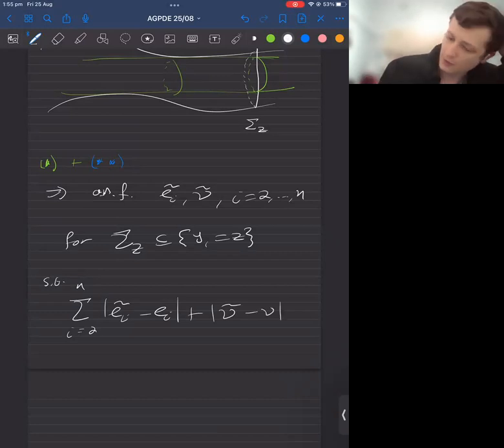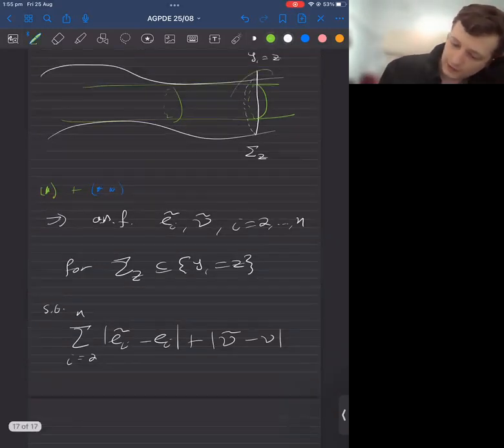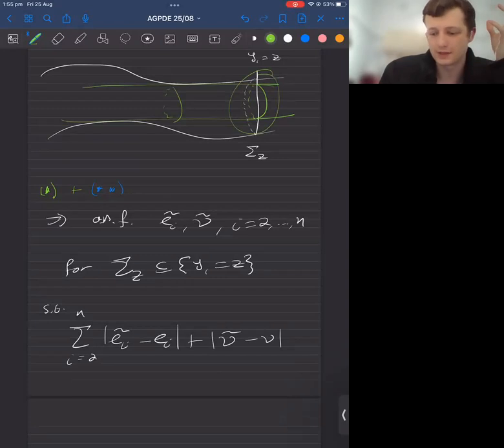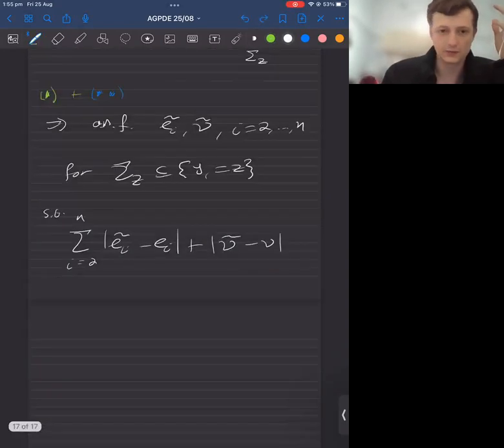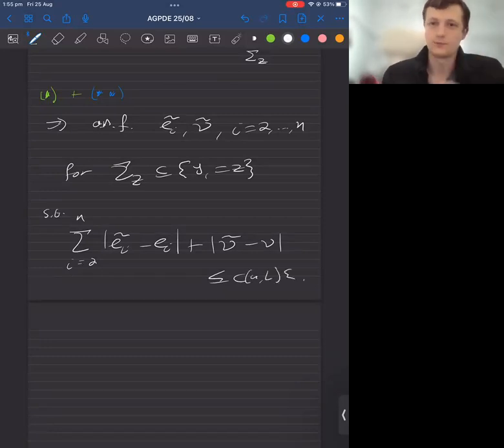So we want to build a frame on here because we want to compare the Weingarten map to the identity. So it's convenient to build a frame to do that. But in any case, it's going to be close to the nice frame we have.